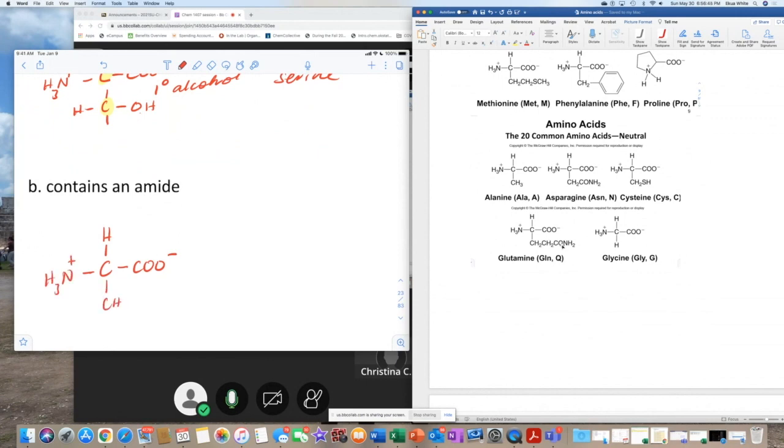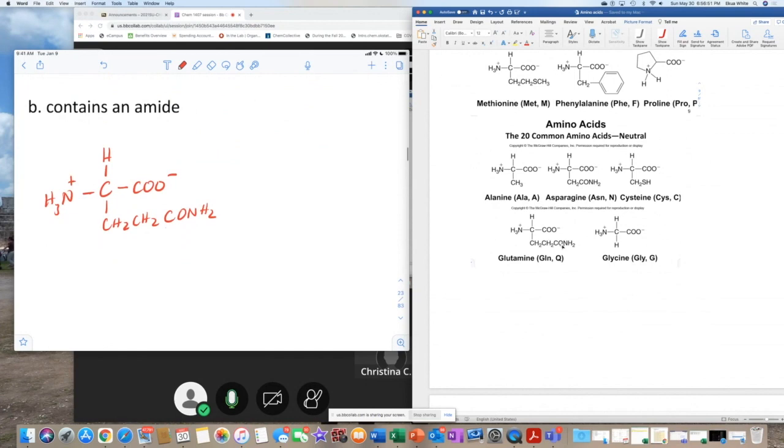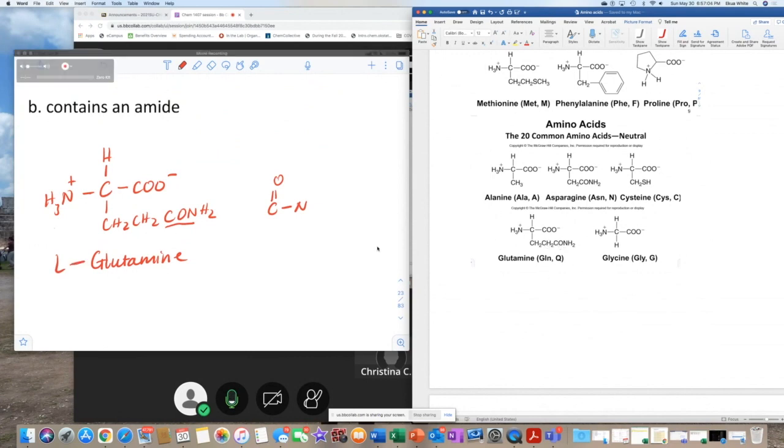Then down here I need CH2, CH2, CON, H2. Okay, CON is the abbreviation for amide. That's this group right here. And essentially, this is glutamine. And they said the natural form, so this is L-glutamine because I got the amine group on the left.